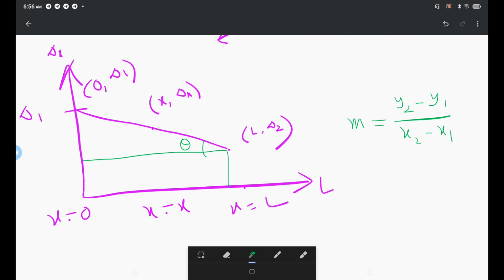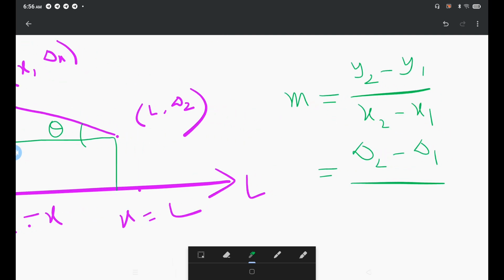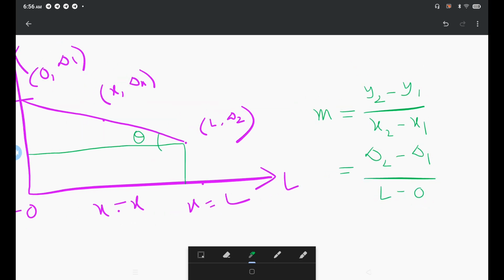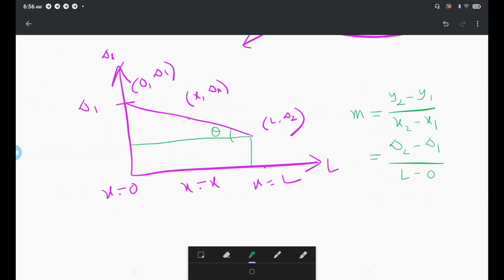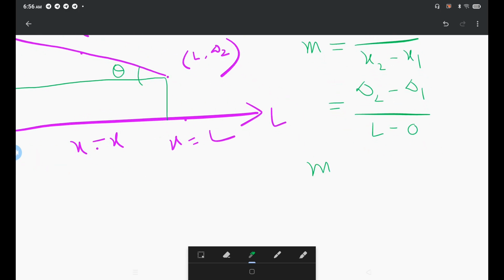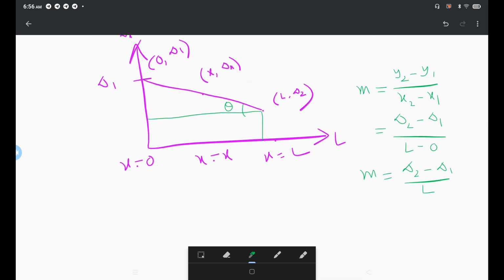Here our y2 is d2, and y1 is d1, and x2 is L, minus 0. So the slope here is d2 minus d1 upon L.